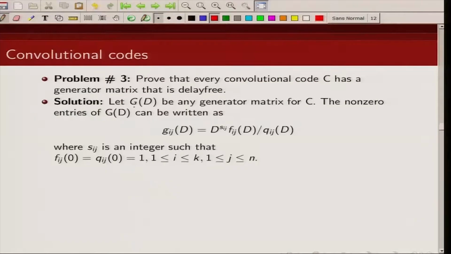So, let us see, if we have a generator matrix G(D), its non-zero entries can be written in this particular form.